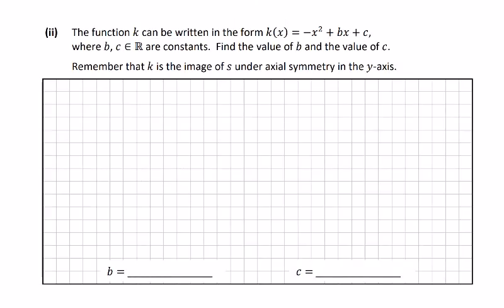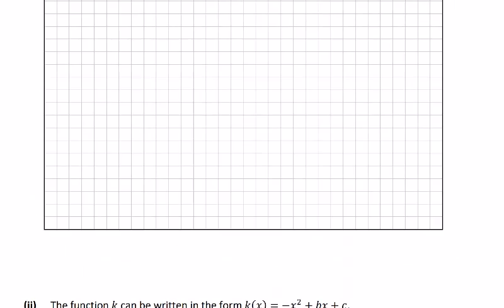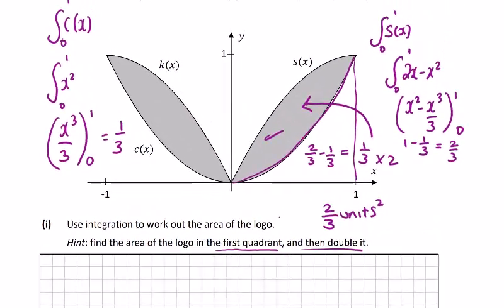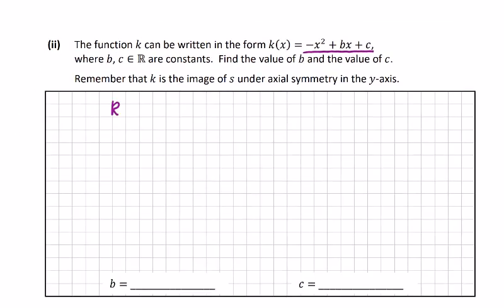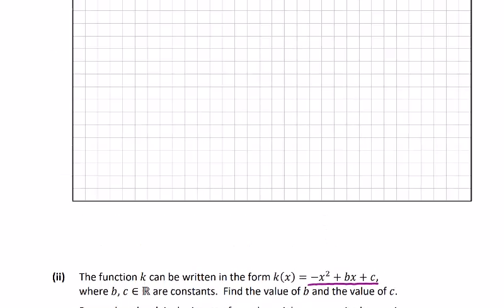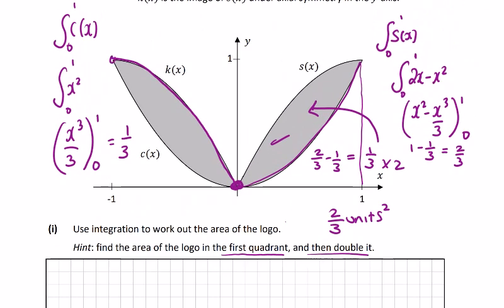We're told the function k can be written in this format here. Find the value of b and c, so let's just go back and check k. K of x is this one here. Now it contains the point 0, 0, so we can sub 0 in. So k of 0, when we put 0 in, we're going to get 0. So we're going to get 0 plus 0 plus c is equal to 0. So that means that c is equal to 0. And we also have the point minus 1, 1 up here.